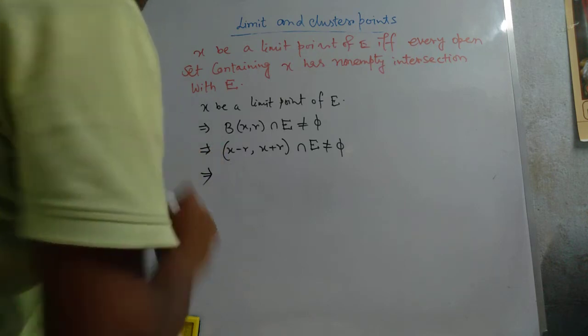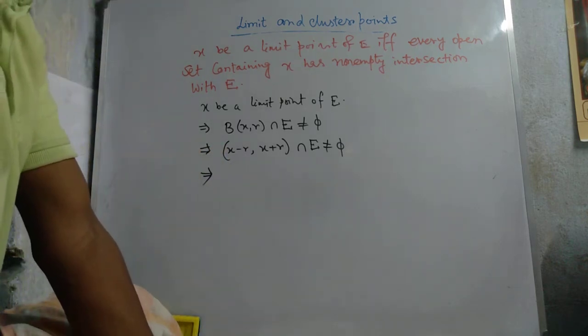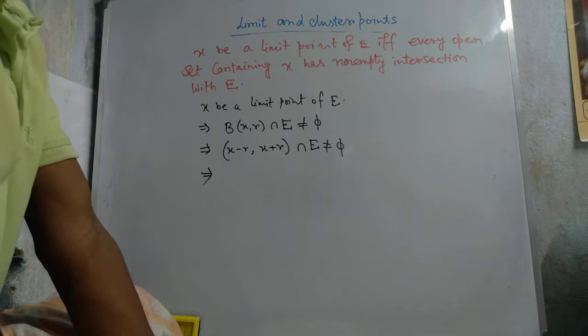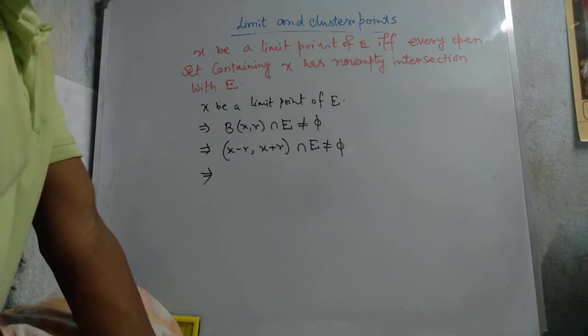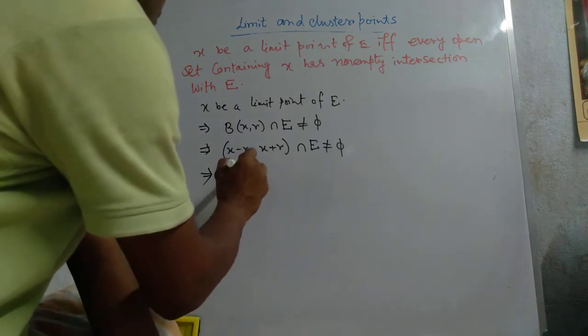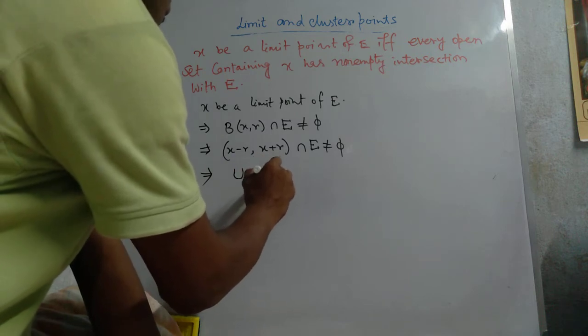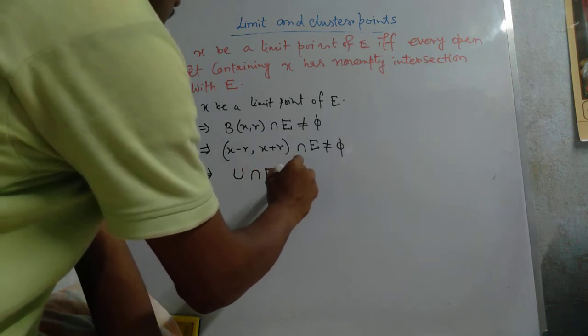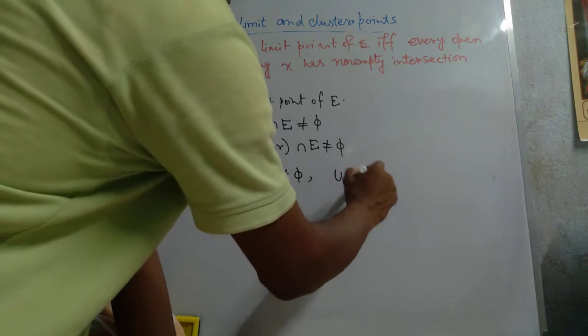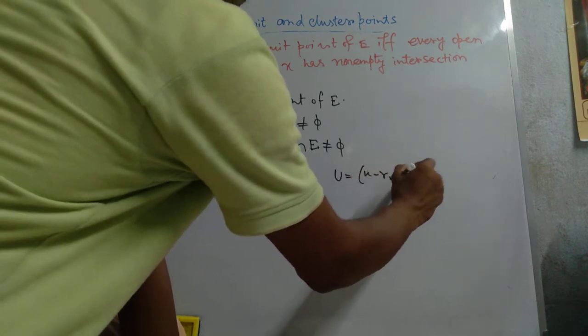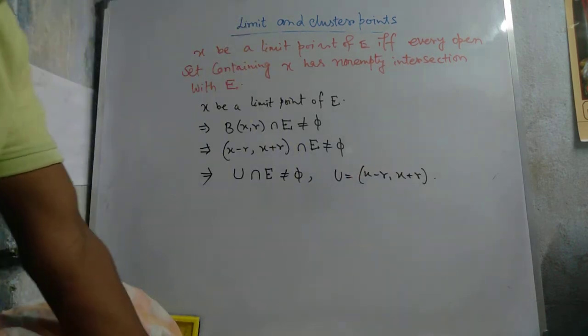This implies that we take any open set U, U intersection E not equal to empty set, because we construct U this way.